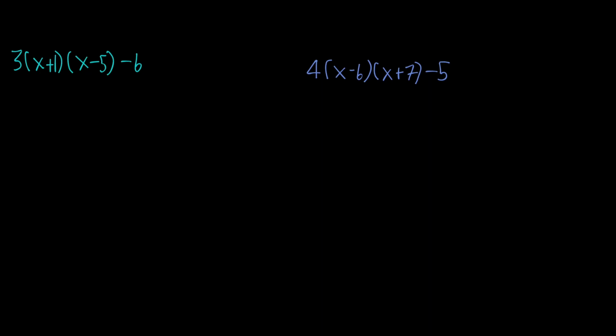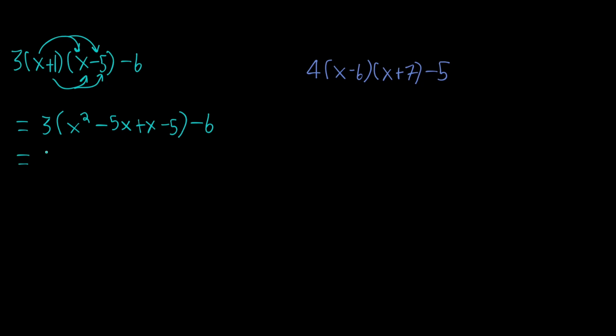Okay, so let's start with the expression on the left. So the first step is going to be to FOIL this. So we're going to multiply firsts, outsides, insides, and lasts. Well, here that's going to give me 3(x squared minus 5x plus x minus 5) minus 6.